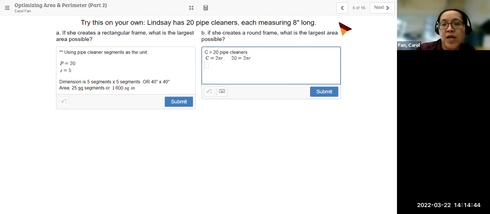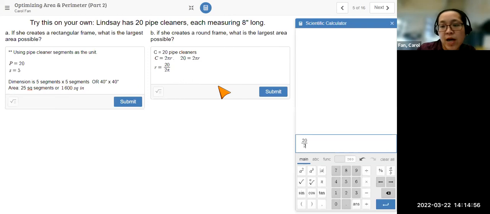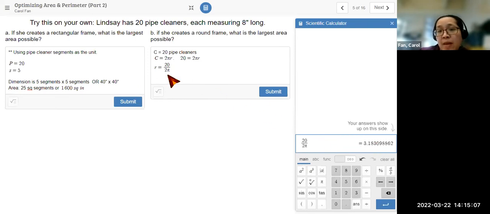And I can rearrange this to express it in terms of r. Now, there are no more variables in here. I would get 20 divided by 2 pi, which ends up being 3.183098862, and it keeps going. And even though I do have a number, I would rather keep it as a fraction because the answer is going to be more accurate at the end.